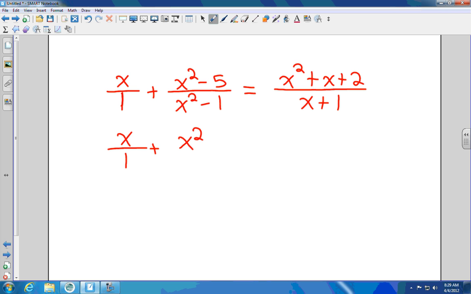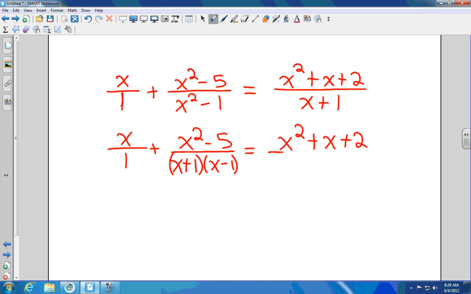Just make sure everything stays straight and in order. So we're changing that to the factored form. And is the third denominator factored? No. So that stays x plus 1.